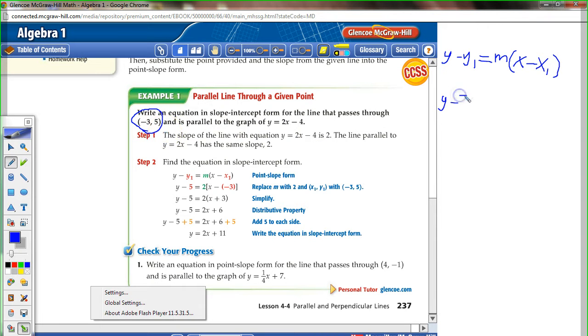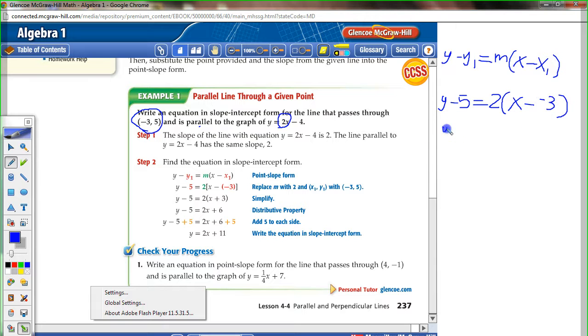So y minus 5 equals, and your slope here, they're telling you it's parallel. Parallel means that they have the same slope. So same slope as this here, and the slope is 2. So it's going to have the exact same slope, 2, if it's parallel. Times x minus, and your x1 is right here, -3. So it's a minus -3.